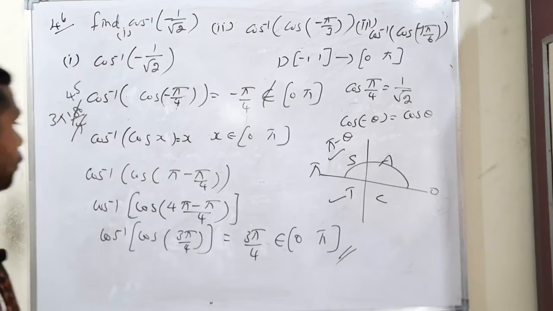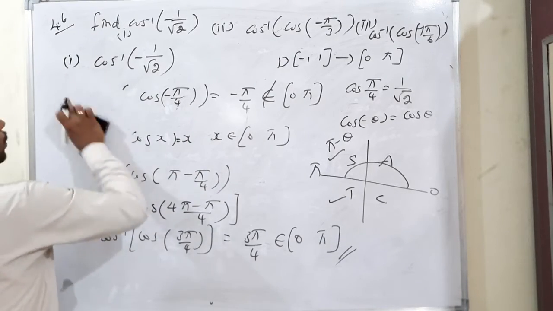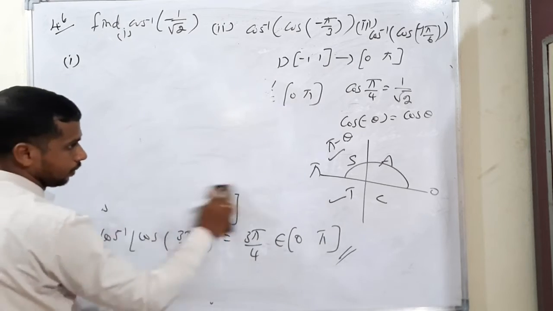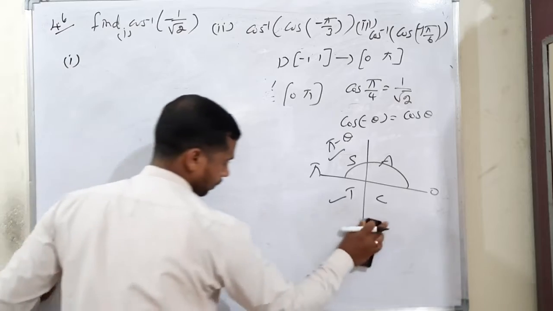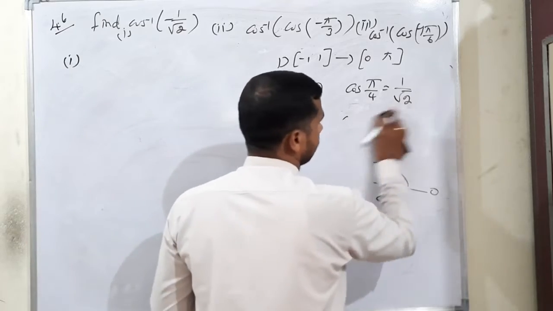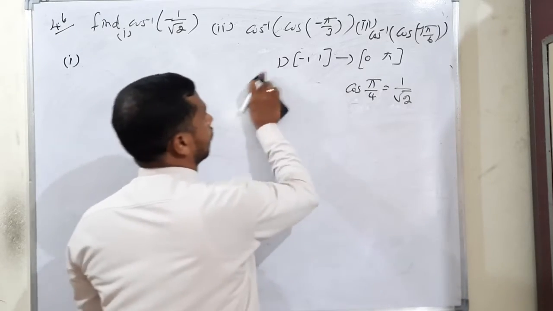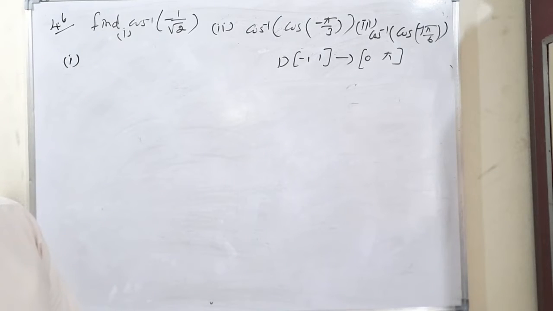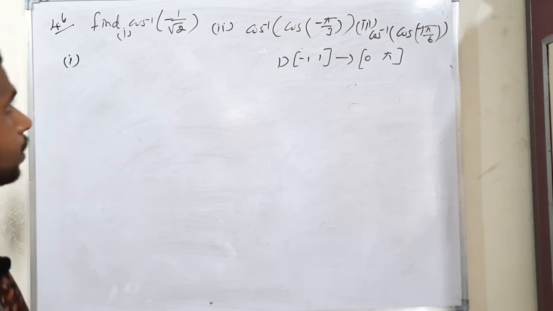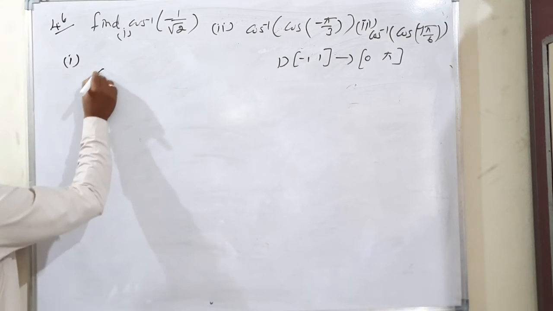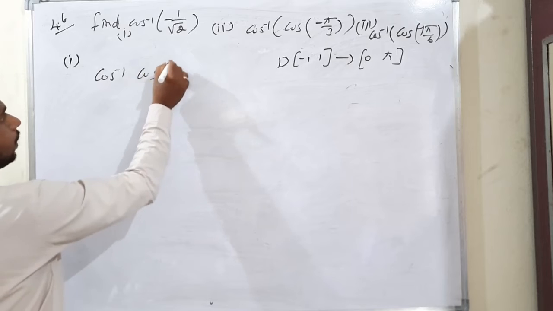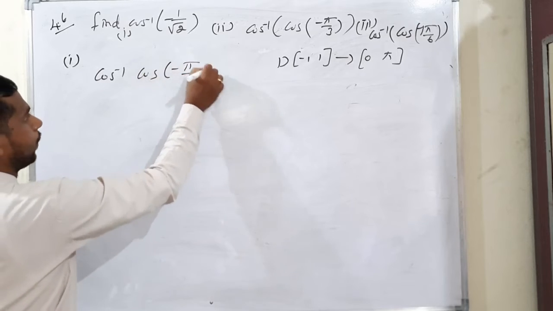Moving to subdivision 2. Cos inverse cos of minus pi by 3.